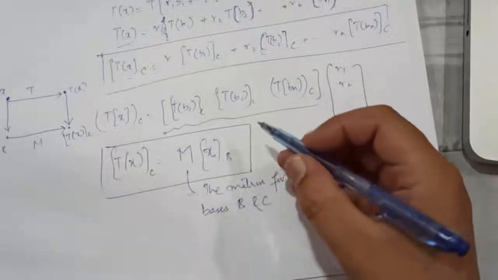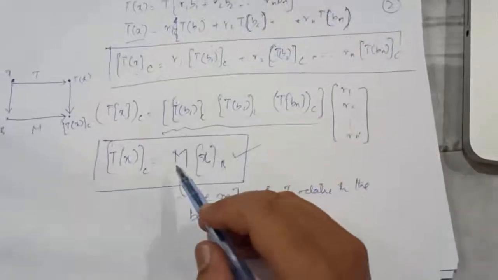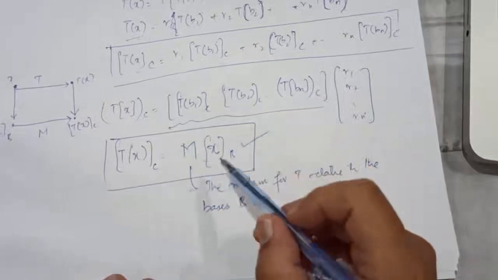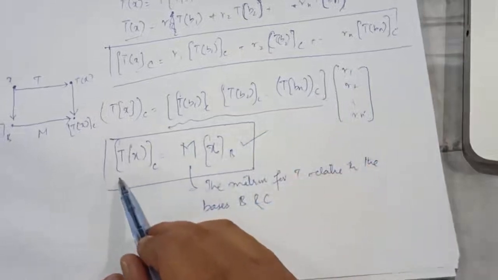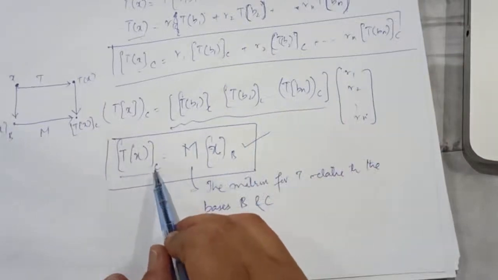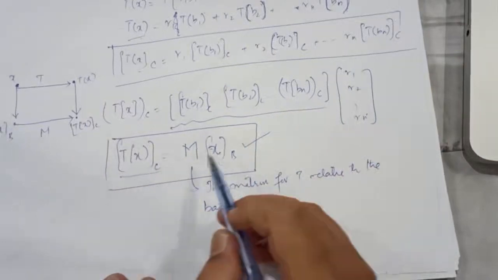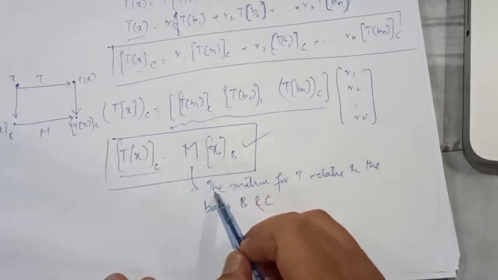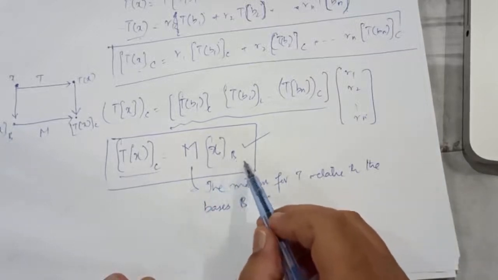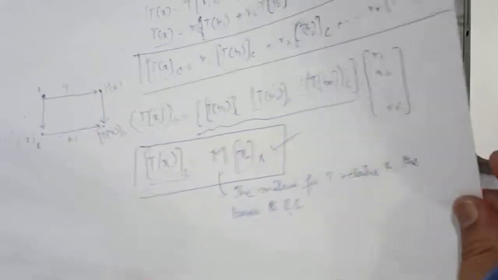And we have done that, and you can see the lecture again to see this transformation: any transformed point can be presented in the basis C by using the matrix M, which is the matrix for T relative to bases B and C, times x of B.